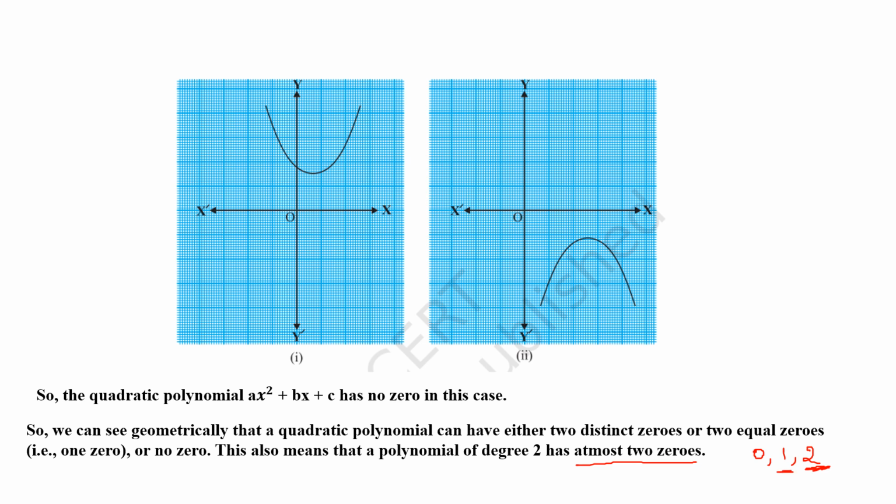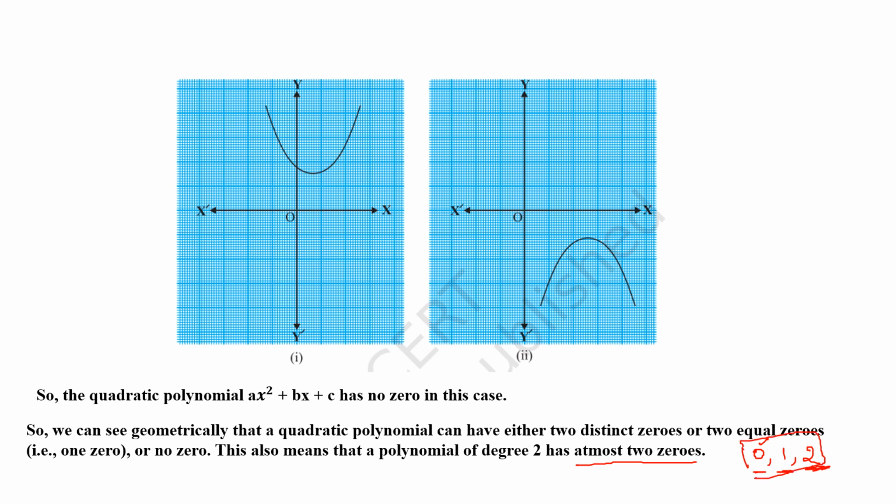Then we saw the second case where it was intersecting the x-axis exactly at 1 point, where both the zeros coincide on the same point. And in the third case the graph was either completely above the x-axis or completely below the x-axis. So in such a case, you will not get any zeros. So these are the three cases, and this is the meaning of at most.